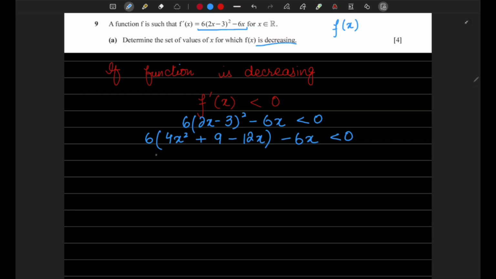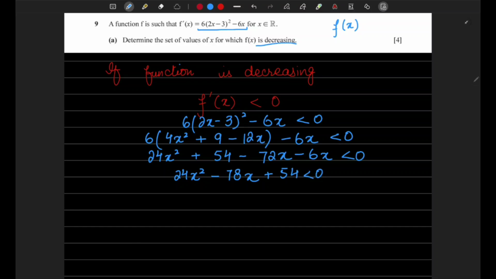Solving this all gives 24x squared minus 78x plus 54 less than 0.